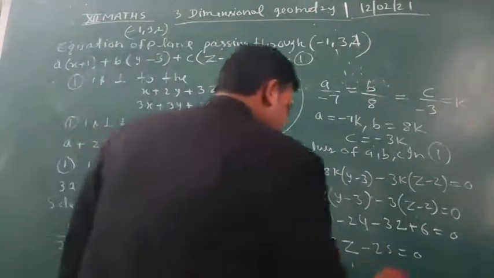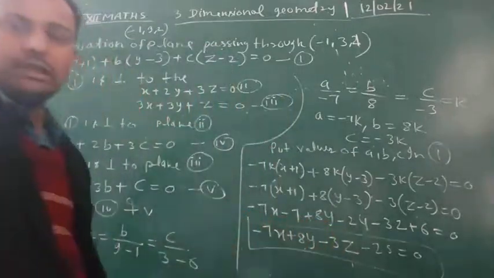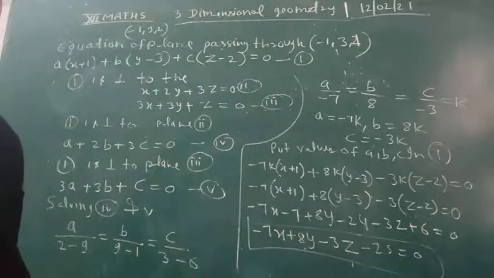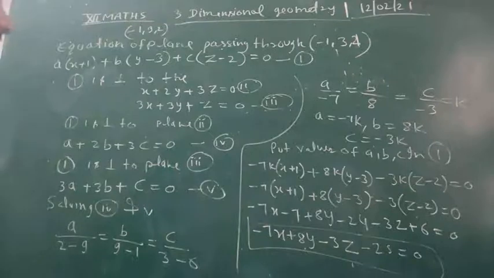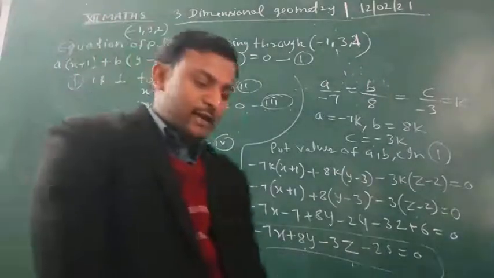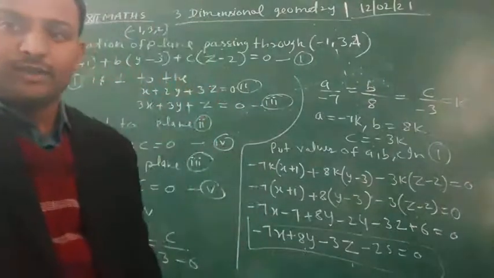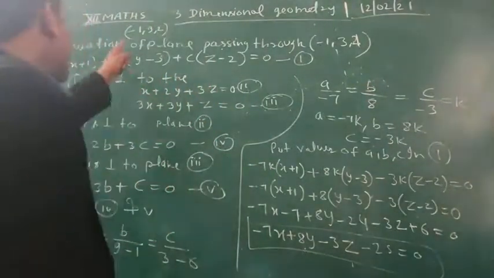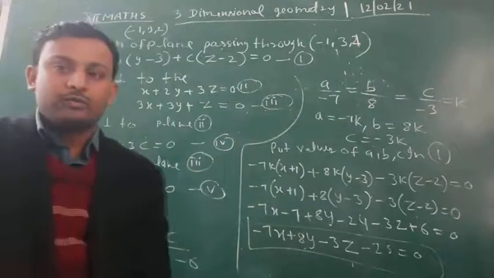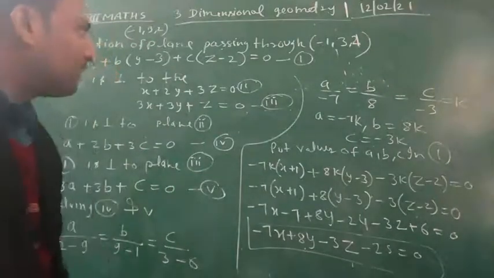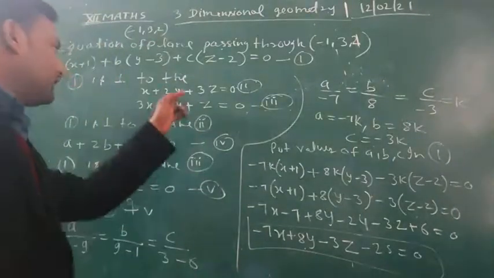Okay, so students, let's see once again what we have done in this question overall. Our question is that we have to find the equation of the plane which is passing through the point minus 1, 3, 2, and this plane is perpendicular to the plane this and this.